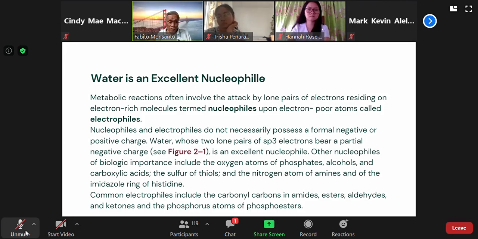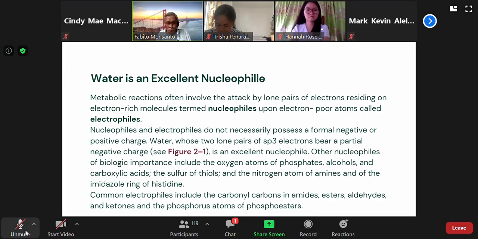So your nucleophile is electron-rich, while your electrophile is very poor in number of electrons. Nucleophiles and electrophiles do not necessarily possess a formal negative or positive charge.